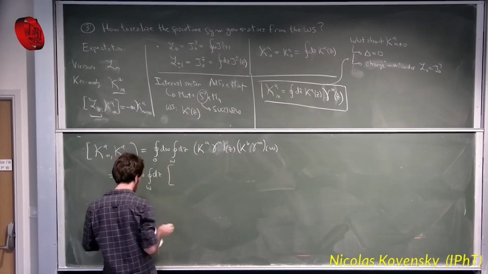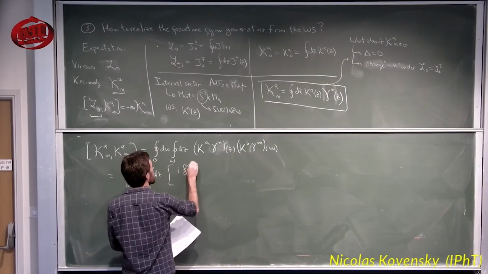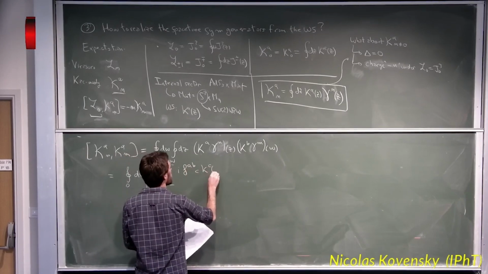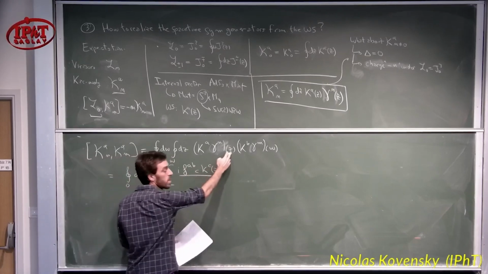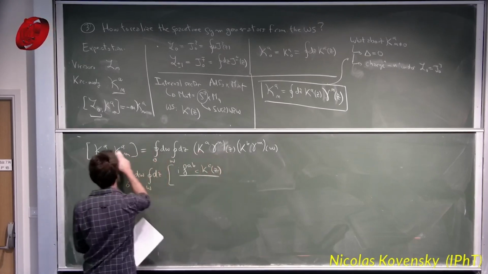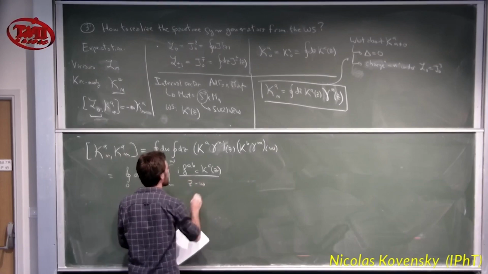And so this takes the form. I'm going to write it in an unusual order because it's going to be easier to read off afterwards. Again, whenever I have the Z here, this K is the worldsheet K, it's not the spacetime one. I get something like this.